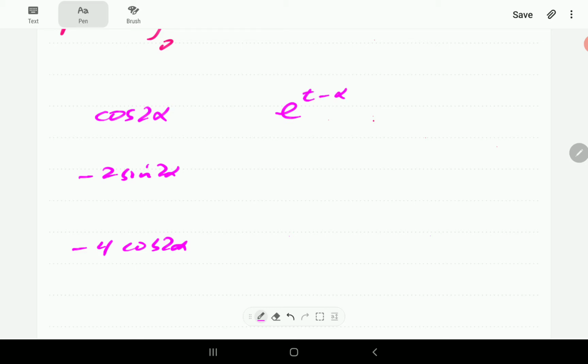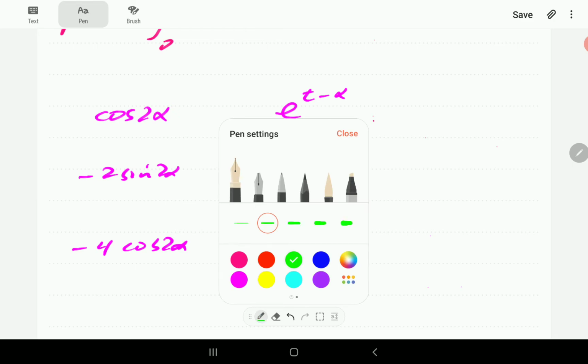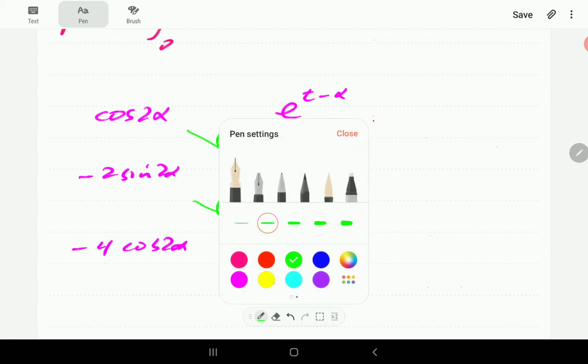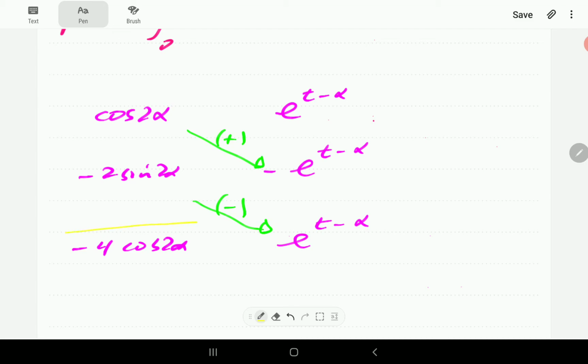Remember, we're going to be integrating this with respect to alpha, so that is what we are going to get in this case. So that is going to be plus, that is going to be minus, and then the last term, which is going to be an integral term, is going to be the integral of the product of these two exactly as they stand there.